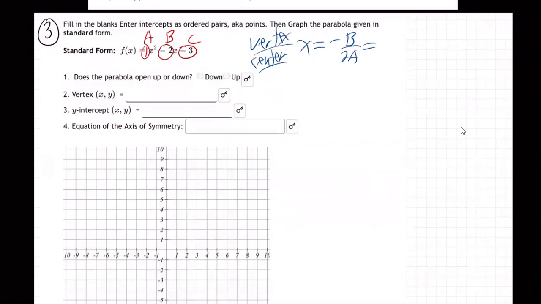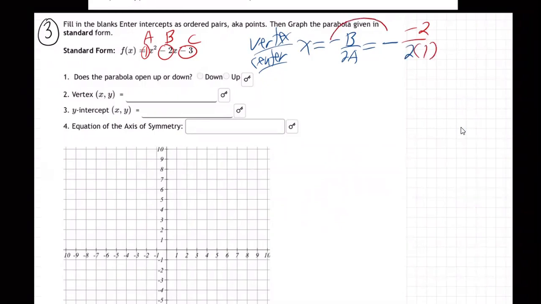So negative b, and then what's b? B is negative 2, all over 2 times a, and a is 1. Is that making sense?